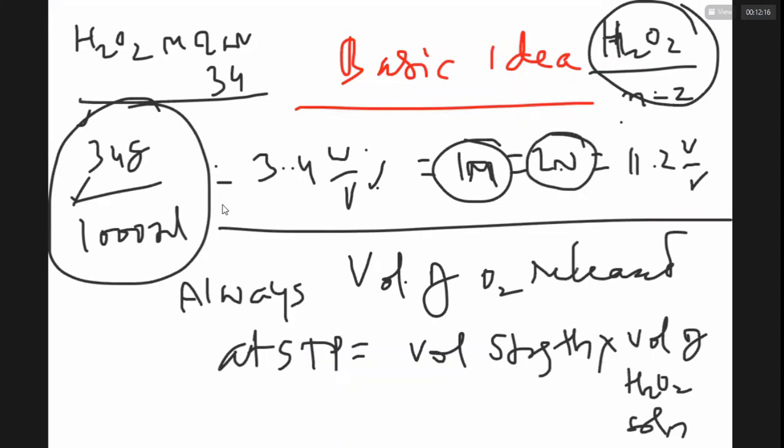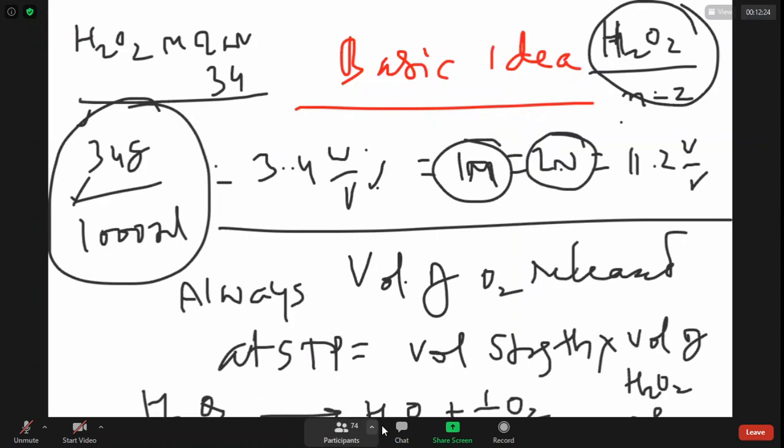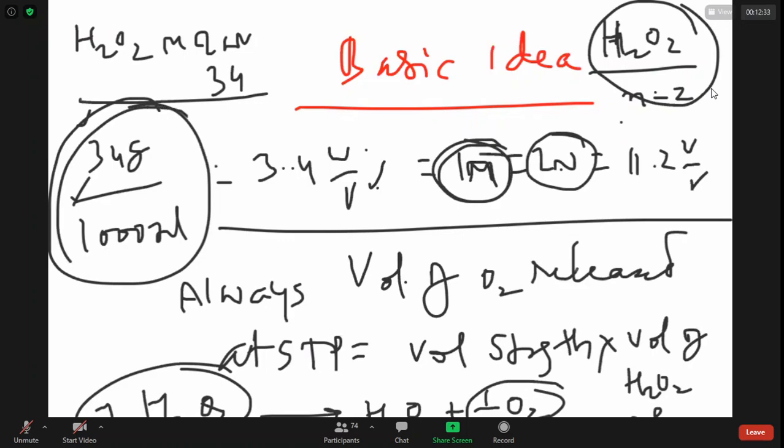I should know very clearly that H2O2, whenever it decomposes, gives H2O plus half O2. For every 1 mole of H2O2, I get half mole of O2. If I dissolve 1 mole of H2O2, 34 grams, in 1000 ml, I call it 1 molar, also 2 normal.